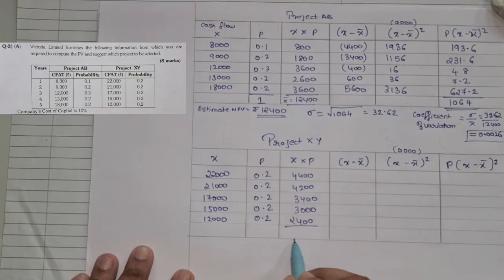We will total it up. So 4,400 plus 4,200 plus 3,400 plus 3,000 plus 2,400 comes to 17,400.